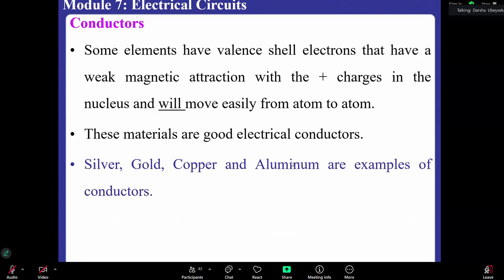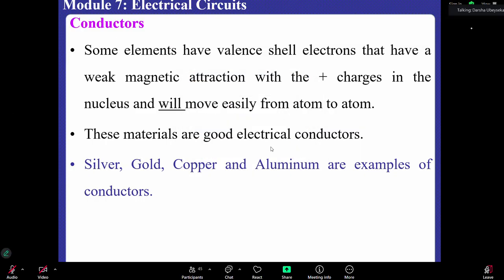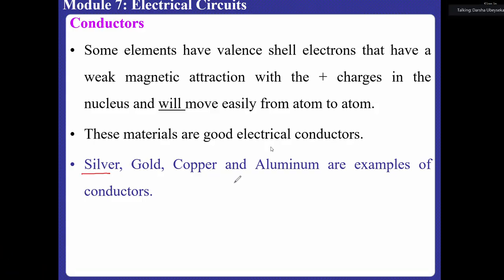Conductors are those that conduct the electricity very easily, right? Most of the metals are conductors. Silver, gold, copper, aluminium, those are examples for conductors. These materials are good electrical conductors.